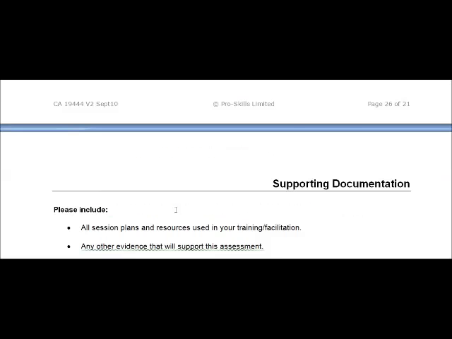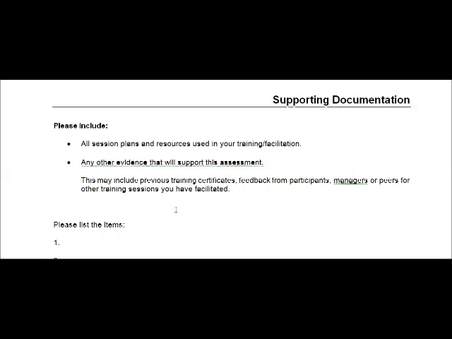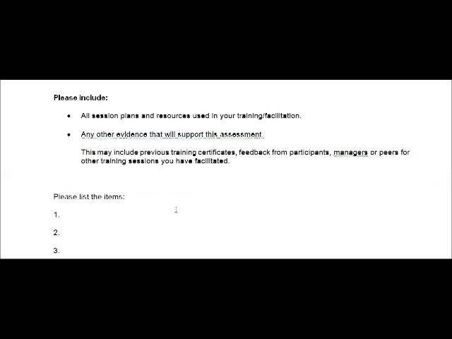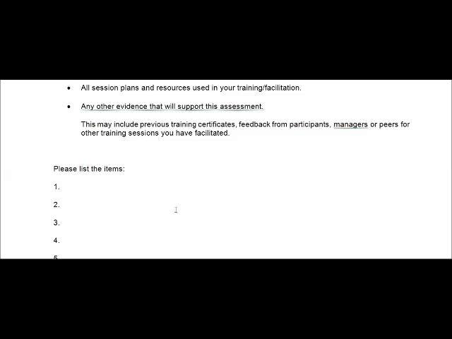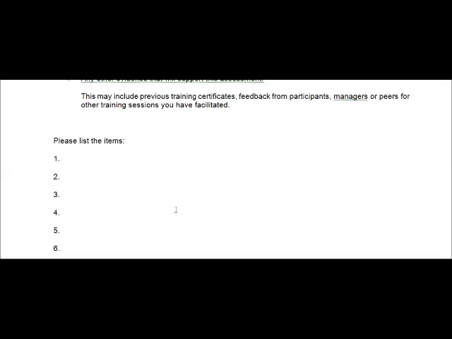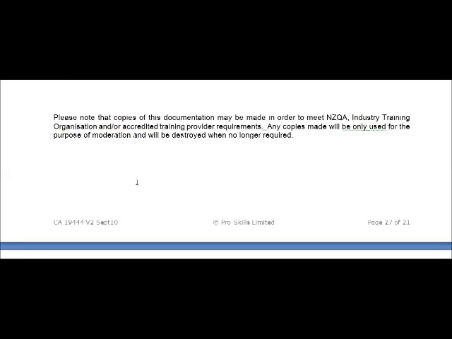On this page here, page 27, is just you listing the supporting documentation that you're attaching. Remember, your training session plans, copies of PowerPoint slides or workbooks or things that were used in your session. Alright.